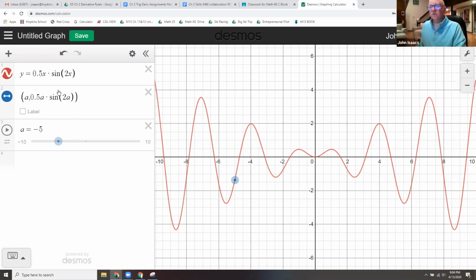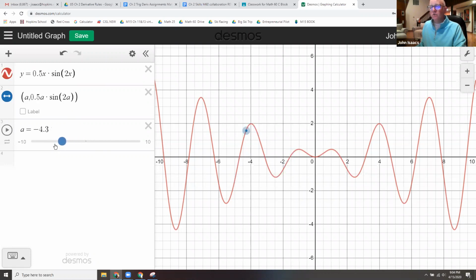So we're using the function to locate a particular point. Now remember, a is just a value, while x up here with x and y is all values. So you get this red line because x is taking on all these values, whereas a is taking on the values 1 point at a time.